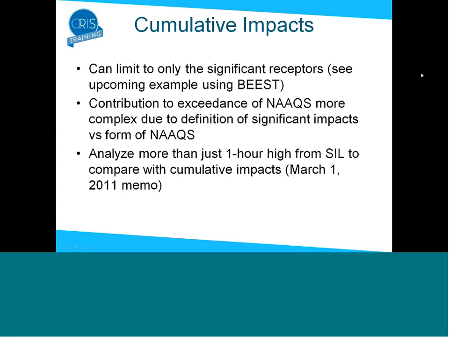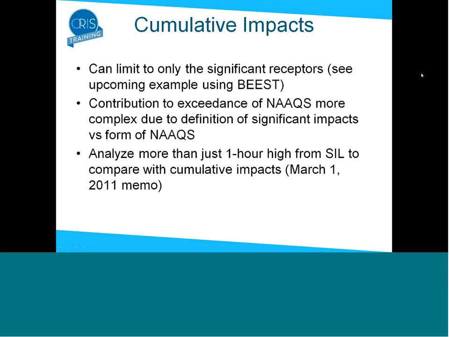In terms of cumulative impacts, in other words, assuming that you have exceeded the SIL, and you do have to grab all the nearby sources. And again, more information on the how-tos of that can be found in the EPA memos. But one of the things that they do say is that you can limit your cumulative modeling to only those receptors at which you are significant.